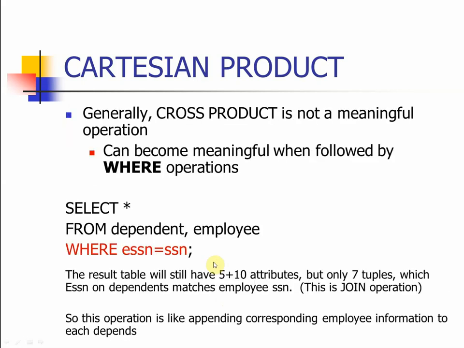Take a look at the previous one. In the previous slide, you see ESSN equal to SSN because ESSN is the attribute in the dependent and SSN is the attribute in the employee. They have different names, so Oracle can identify that. Of course, you can still write dependent.ESSN equals employee.SSN over here to make it more specific, but it's doing the same thing.